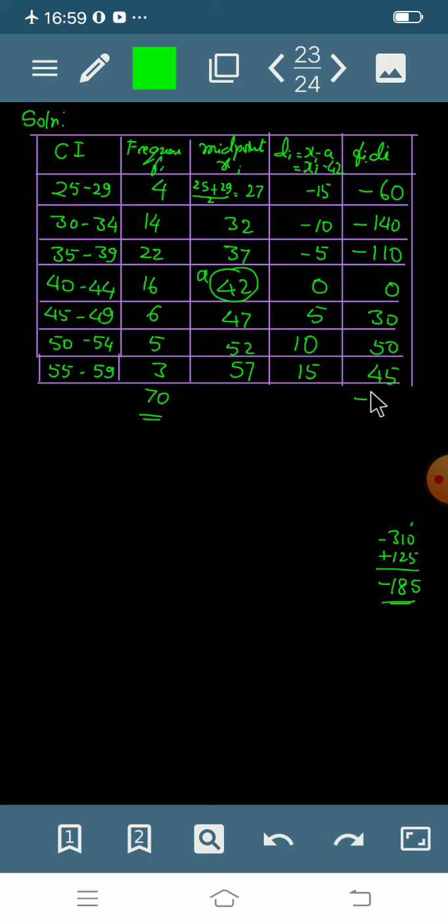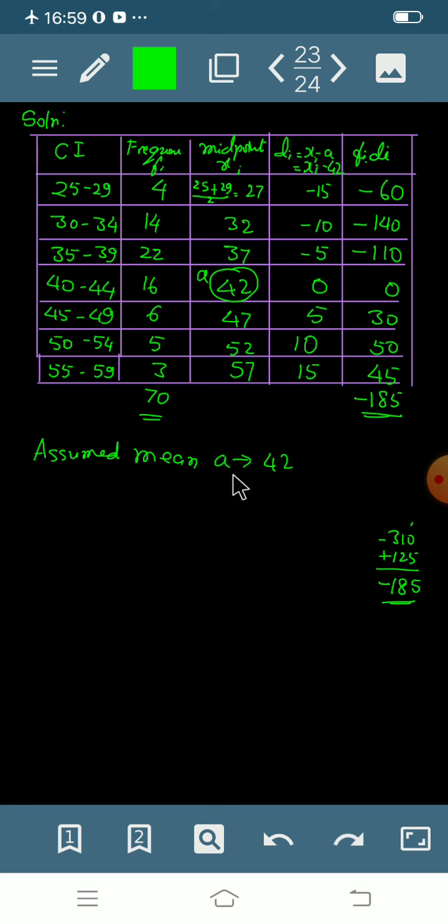Minus 185, right? Now we have to write all the things we have done here. First we have to write the assumed mean. What is the assumed mean here? The assumed mean that I have taken, that is A as 42. So A means 42. What does A mean?